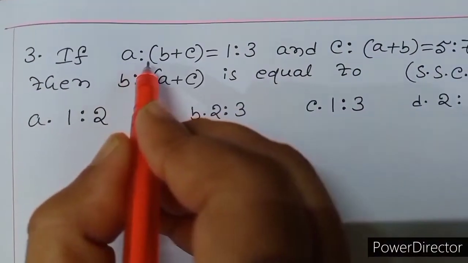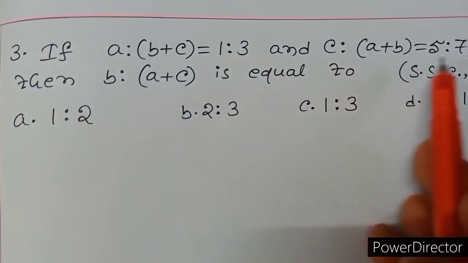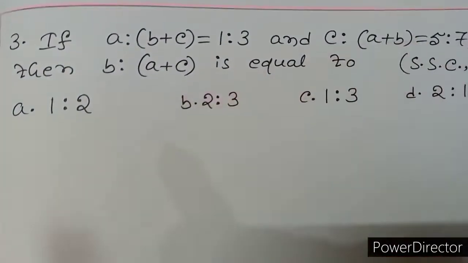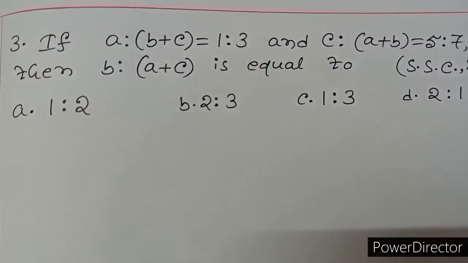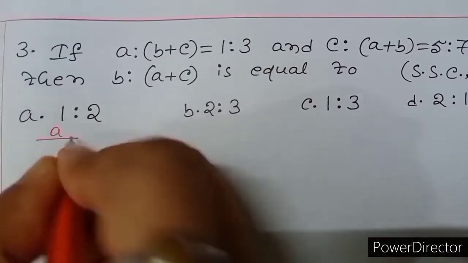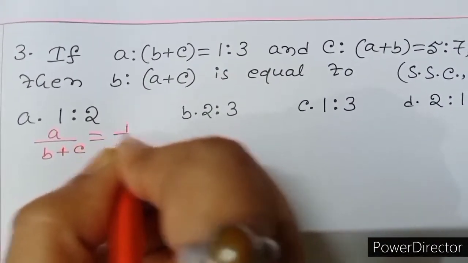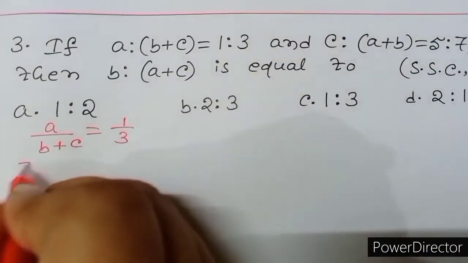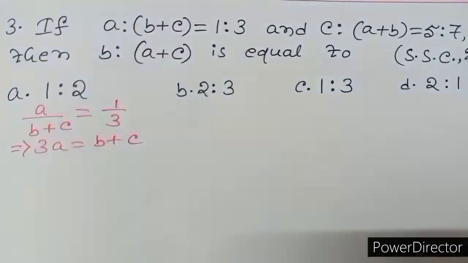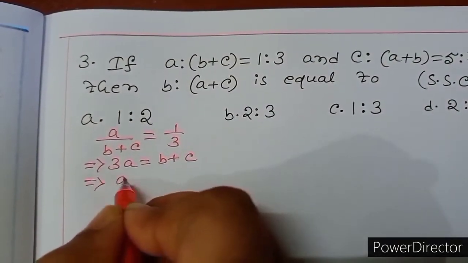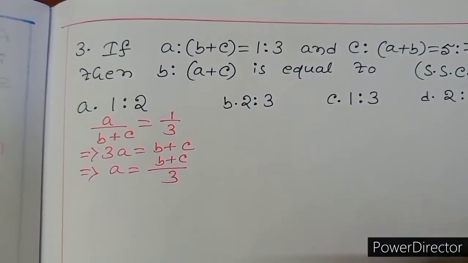Here say if A is to B plus C equal to 1 is to 3 and C is to A plus B equal to 5 is to 7, then find the value of B is to A plus C. Here A by B plus C equal to 1 by 3, or we can write 3A equal to B plus C, or A equal to B plus C by 3.